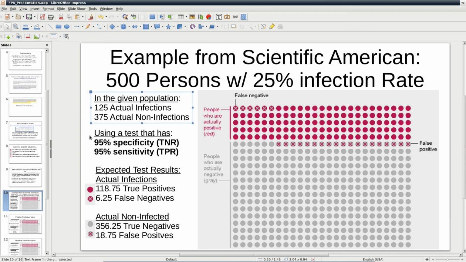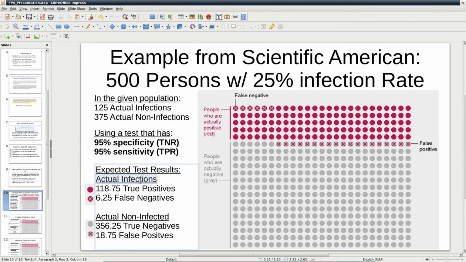The other part of the example is the test that we're using. For the sake of this example, we're using 95% sensitivity and specificity, just to keep it simple, both the same. To figure out the expected test results, let's break down our actual infections.